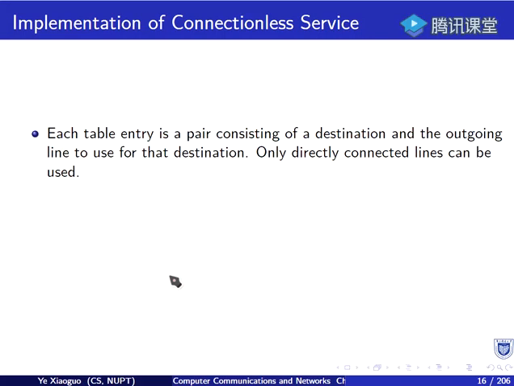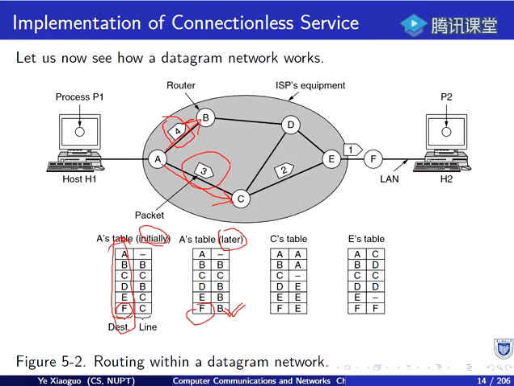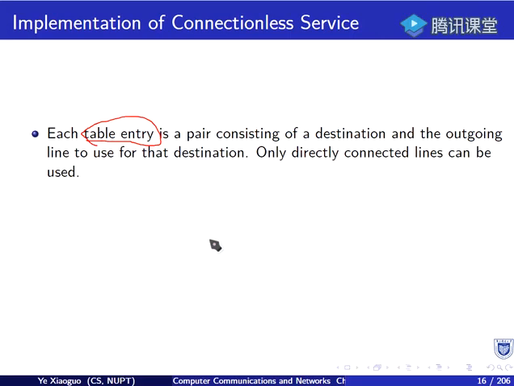Each table entry is a pair consisting of a destination and the outgoing line. The outgoing line is also called the next hop interface.